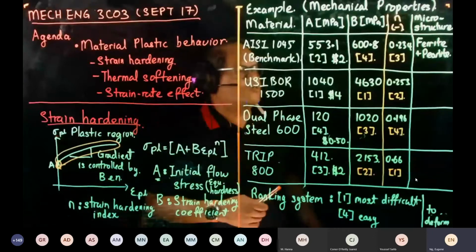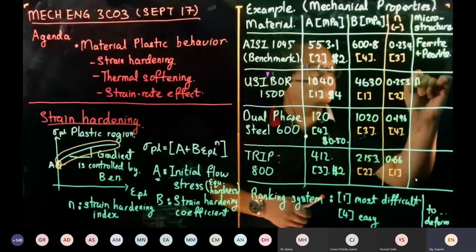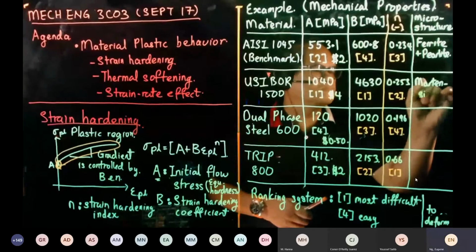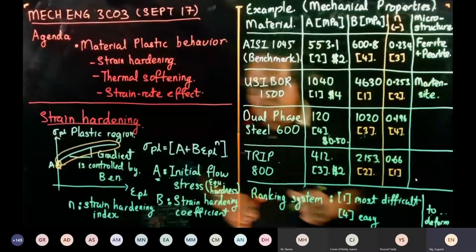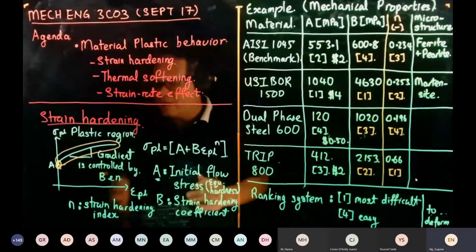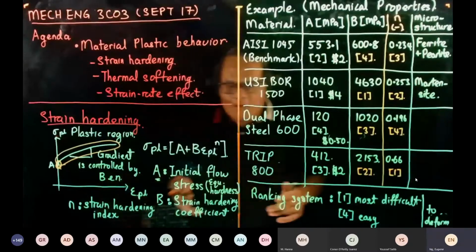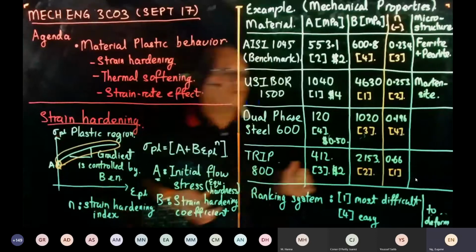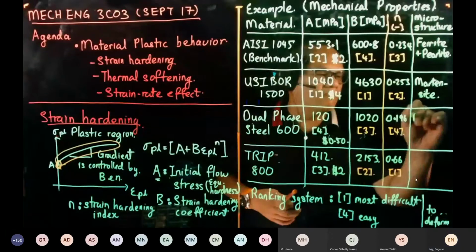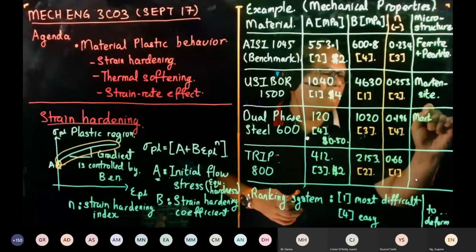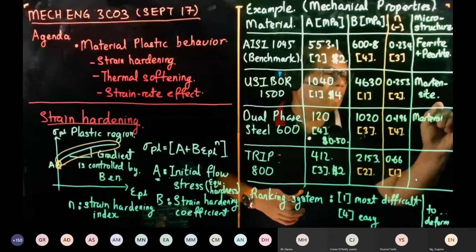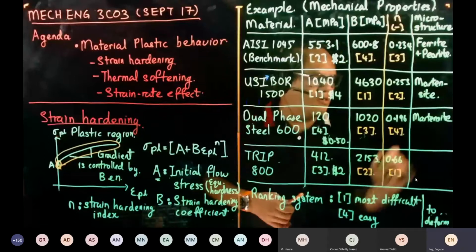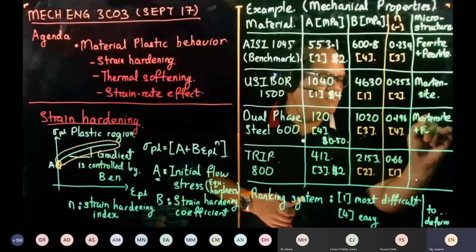Then the next one is martensite. Wherever you see this microstructure, martensite, you're in trouble. It's going to be difficult. Then for dual phase steel, we have martensite plus ferrite.